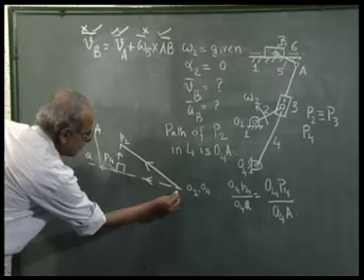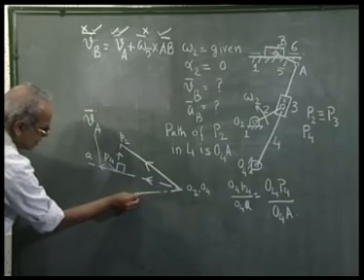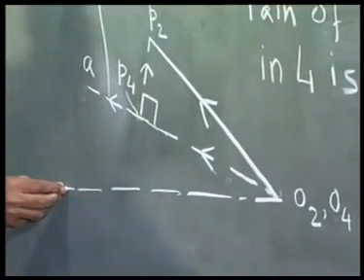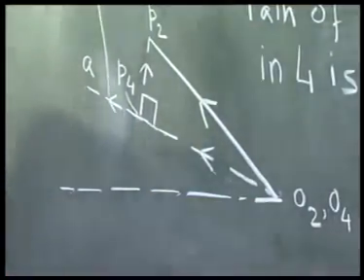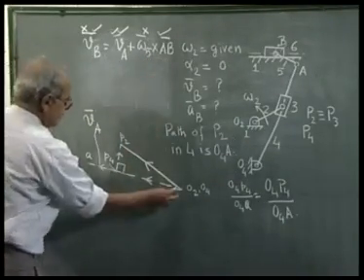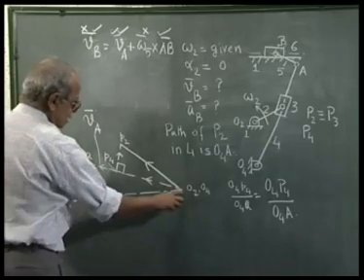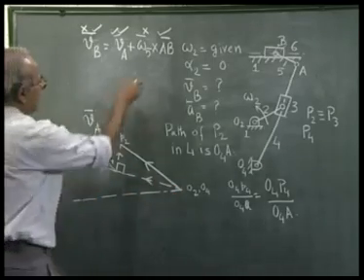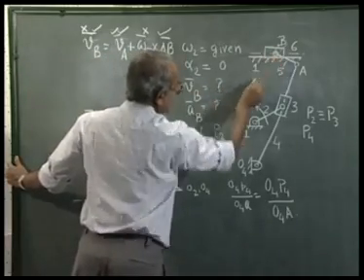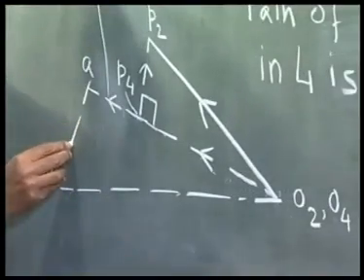For VB, because it is horizontal, I draw a line which is horizontal through the point o2 or the pole of the velocity diagram. And this vector, this is VA, we have already got o4 a. VB must be horizontal, so I draw a horizontal line. And omega 5 cross AB is perpendicular to AB, that is in this direction. So through a, I draw a line perpendicular to AB.